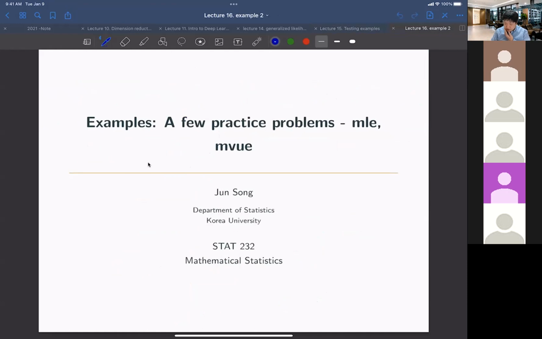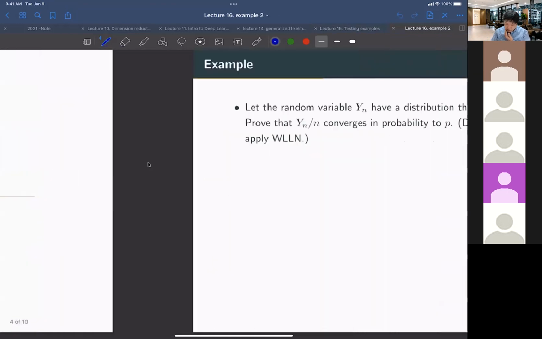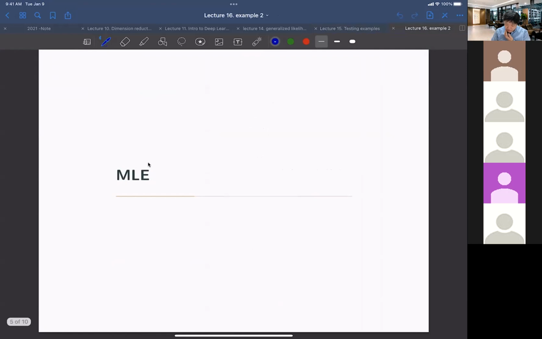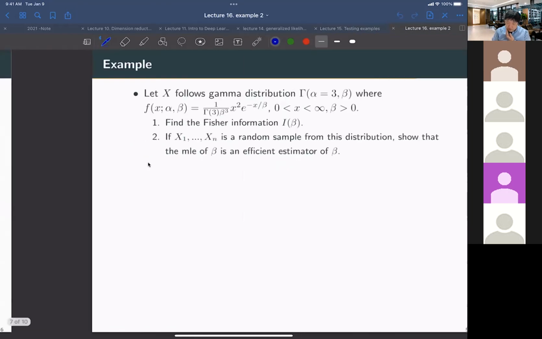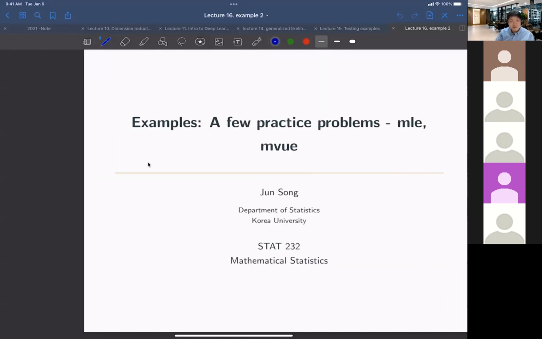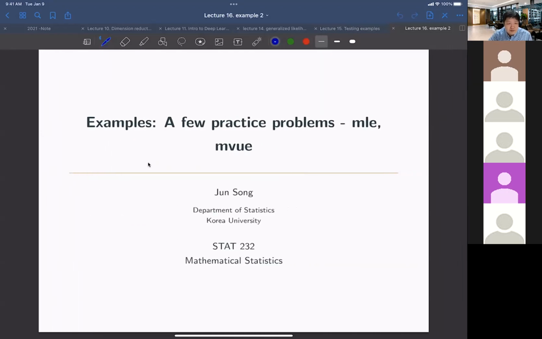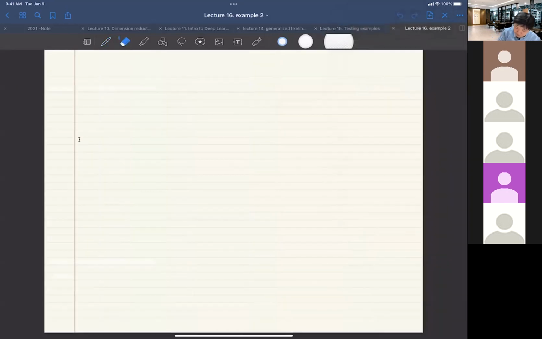In this set, there are some questions about the MLE and the MVUE. Let me briefly review these. The MLE was actually also a part of our midterm exam, so I may not need to review this.